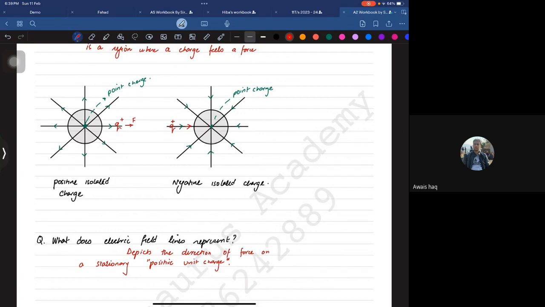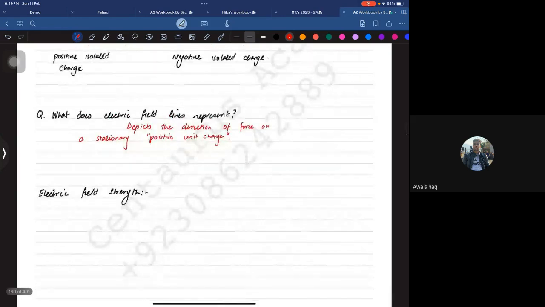Now, kids, speaking of that, we then need to understand what exactly is electric field strength. Electric field strength is defined as force per unit positive charge.